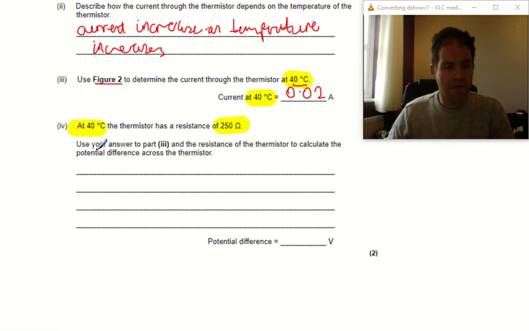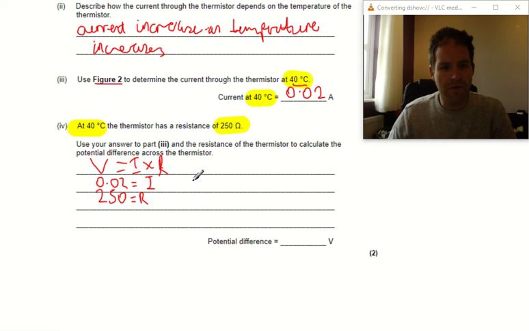So this is making us understand that we need to use V equals I times R. We said that 250 equals the resistance, and we've got that 0.02 is equal to our amps, which is I.